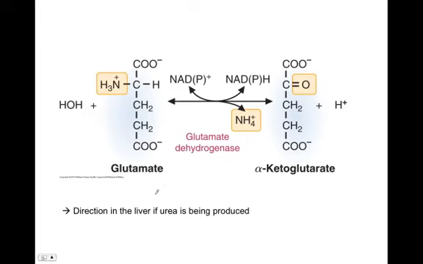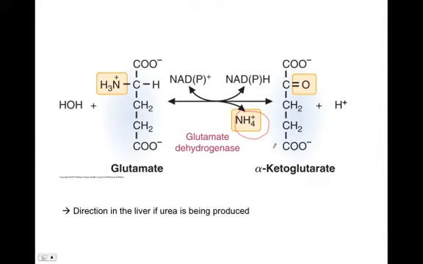Before moving forward, I want to take a minute to discuss the reaction catalyzed by glutamate dehydrogenase. As mentioned previously, this reaction is reversible and takes place in the mitochondria of most cells. Again, it can incorporate ammonia into glutamate or release ammonium, shown here, to generate alpha-ketoglutarate.